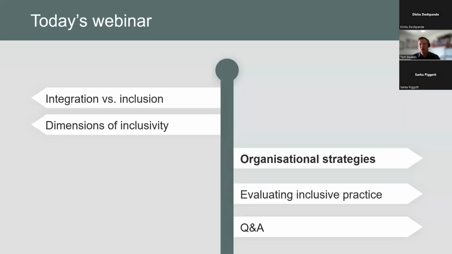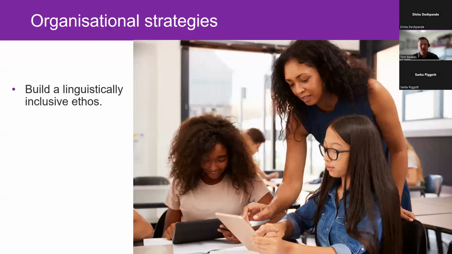Okay, let's think about some of the organizational strategy we might want to use here. These are all quite broad, but with this kind of approach, it starts from the top. So we're going to think about how you would build an ethos that is linguistically inclusive at your school.